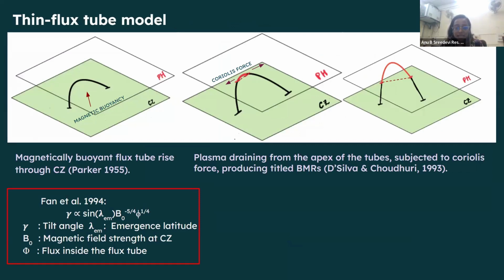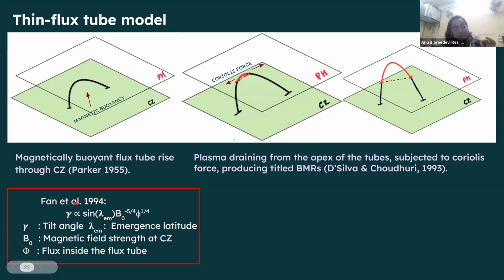So there's a thin flux tube which rises towards the photosphere due to magnetic buoyancy. Then there will be tilt produced by the Coriolis force. Now let's look at this empirical relation. Here gamma is proportional to sine lambda_EM, where lambda_EM is the emergence latitude and gamma is the tilt.